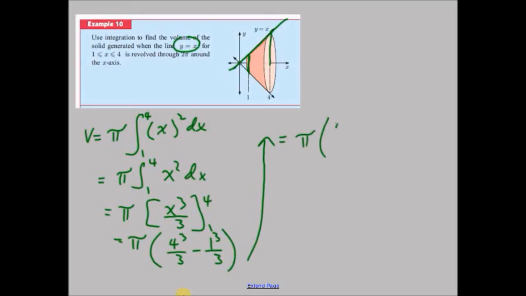Pi times 64 over 3, subtract 1 over 3, so pi times 63 over 3, which is 21. So 21 pi is our answer. It's a volume, so the units are units cubed. So 21 pi units cubed.